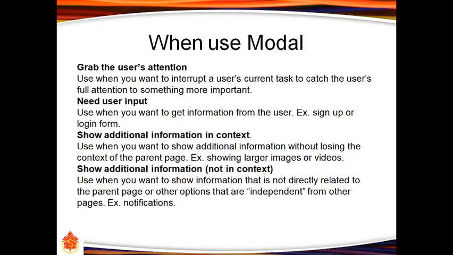For example, we use a modal for showing a larger image or larger video. We can also use it for showing additional information that is not in the context. For example, a notification, which is independent from the main application, but just needs to inform the user.